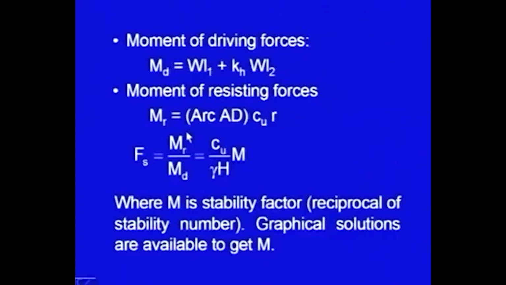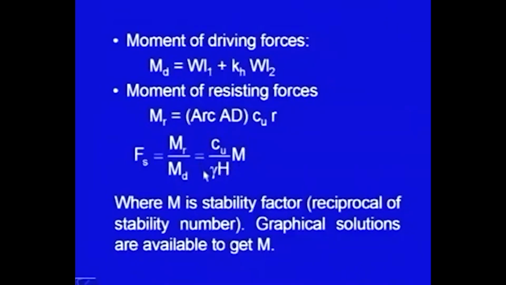We have to find out the weight, we have to find out the Cg, we have to do this analysis analytically or graphically. Some standard graphical solutions are available, and in those solutions the factor of safety has been defined as Cu upon gamma h into m.